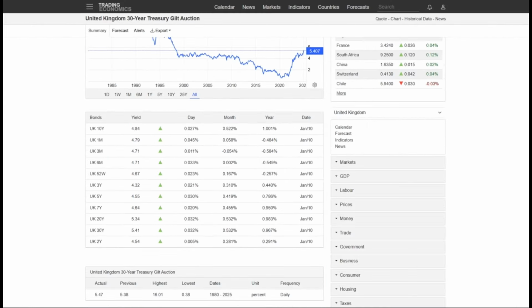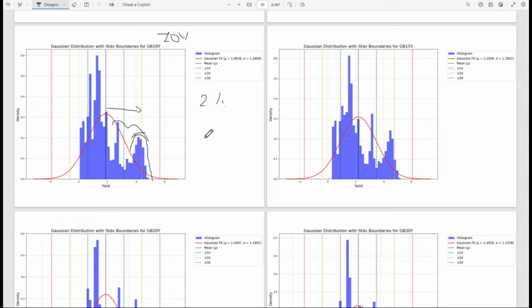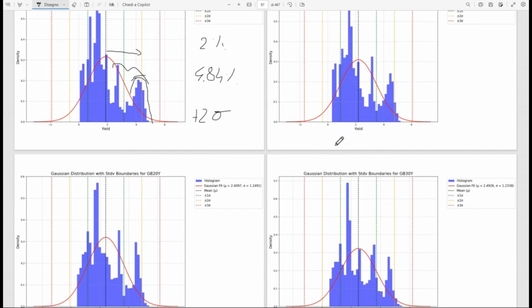So the 10-year gilt is 4.84, yeah, I should remember, 4.84. This is plus 2 sigma movement of volatility in the market. These are almost 3%. This is more than double what should be the average cost of borrowing, okay.